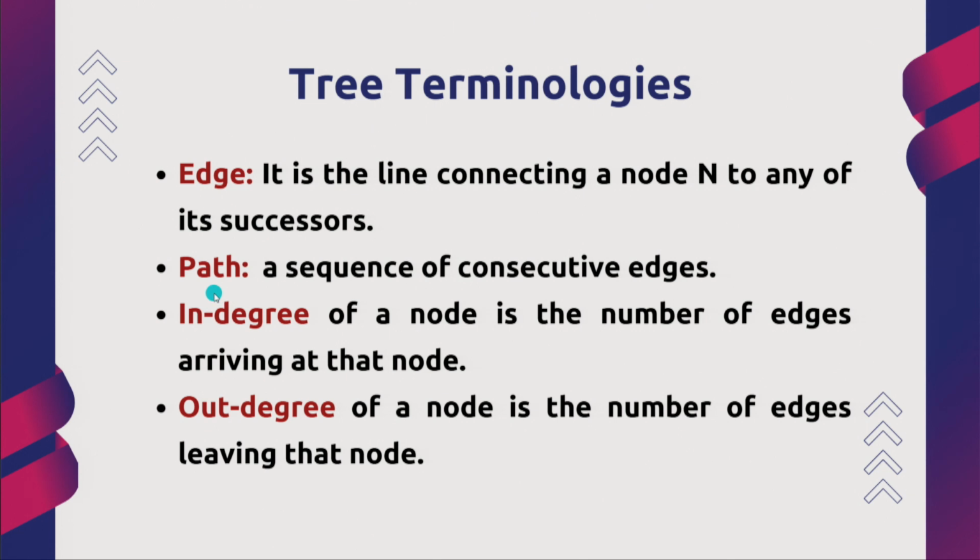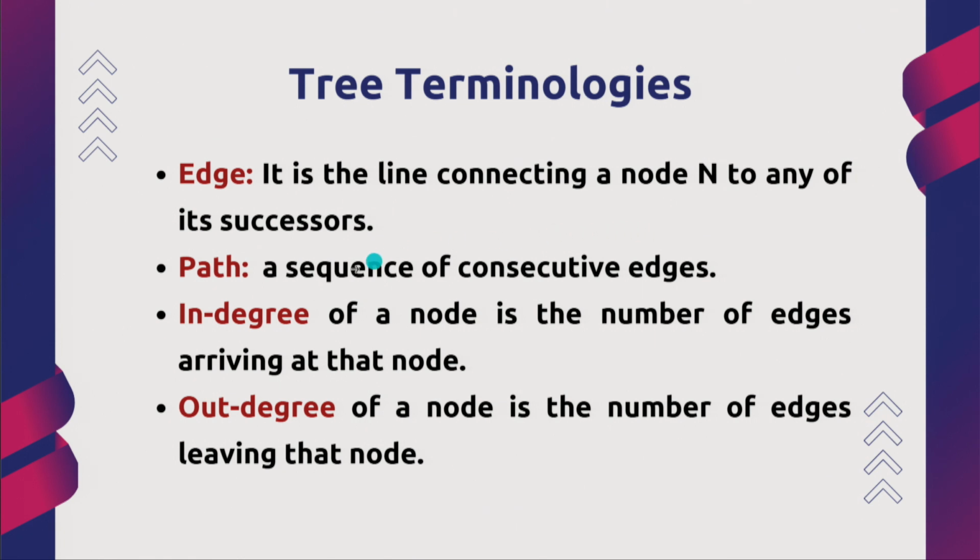Next is what a path is. A path is nothing but a sequence of consecutive edges. For instance, I start from node A to D. Imagine that we have four nodes A, B, C and D. For B, A is the parent, for C, B is the parent, for D, C is the parent.